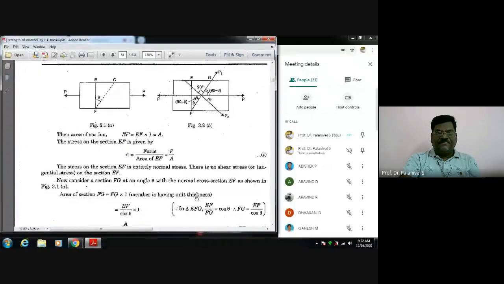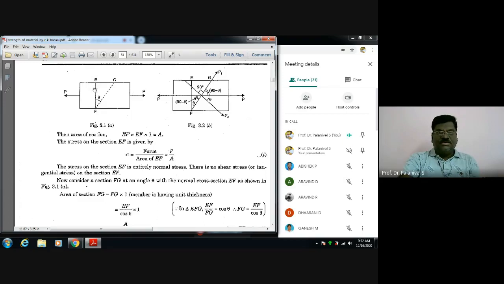Now we are considering a rectangular element in a strained body. It is subject to uniaxial loading P. There is a plane, here given as EF, which is perpendicular to the direction of loading.